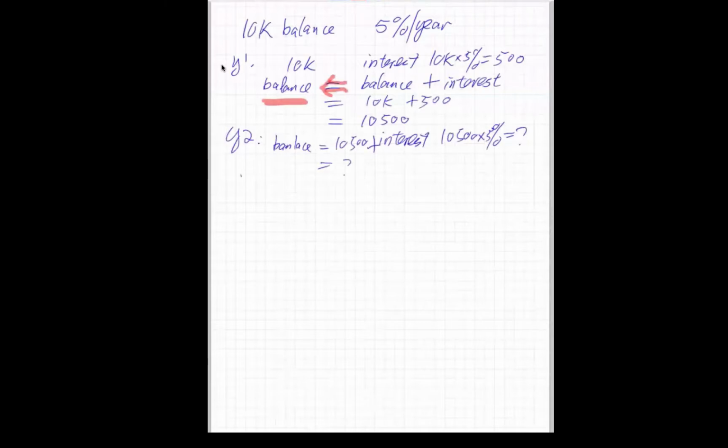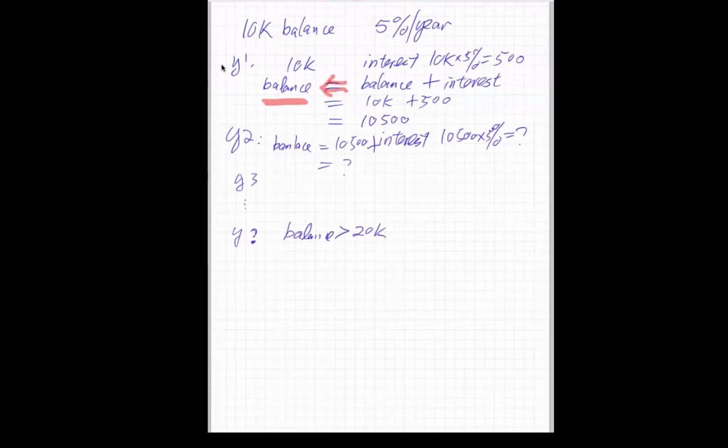And we do this for year three, all the way to year something, when our balance is more than $20,000. And this year, which I don't know yet, will be how long it takes to double our money.